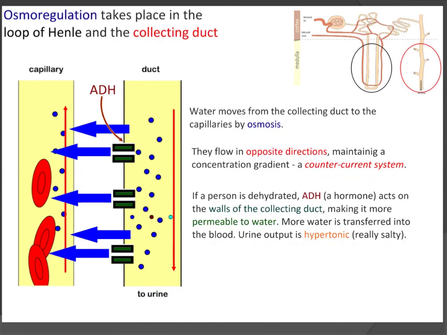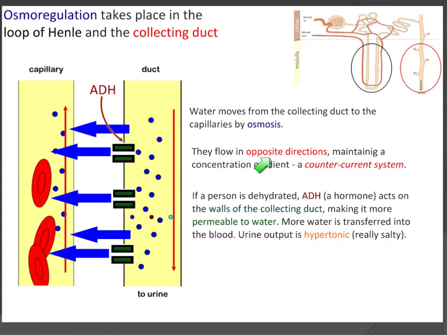Now the countercurrent system, you may remember this back when we were talking about the fish gas exchange system with the gills, and the fact that the countercurrent system is there to promote diffusion, and it makes diffusion much more effective. So this is an example in us where we have a countercurrent system.